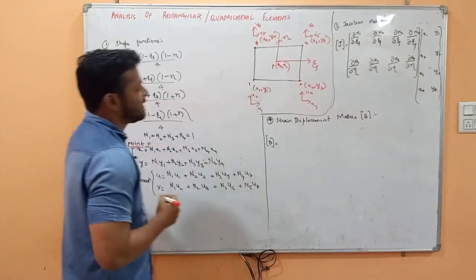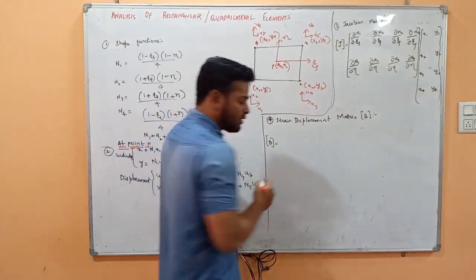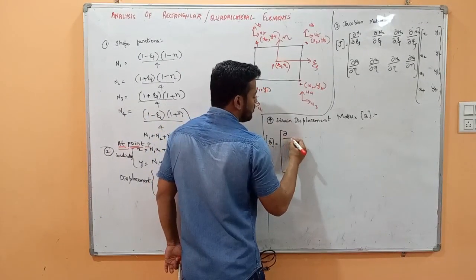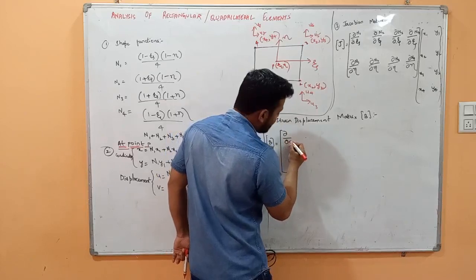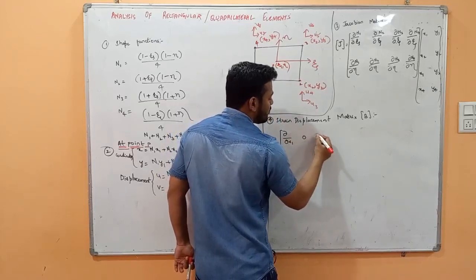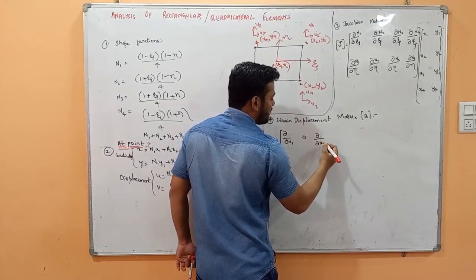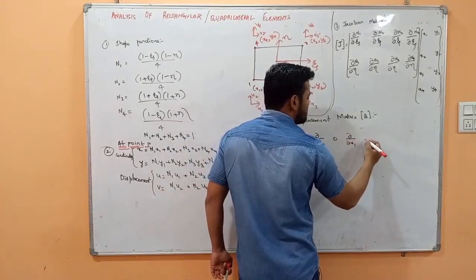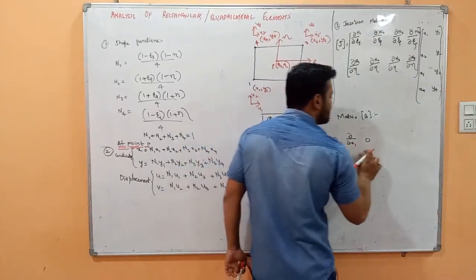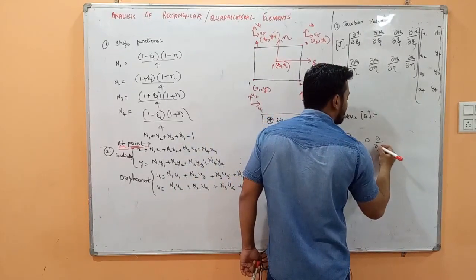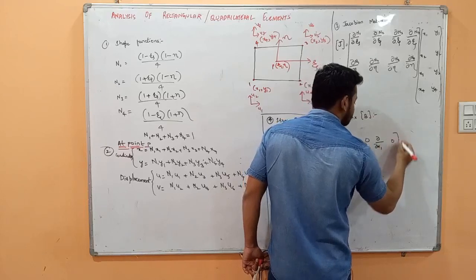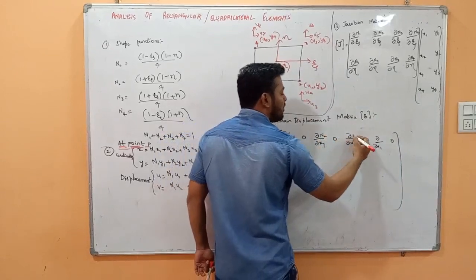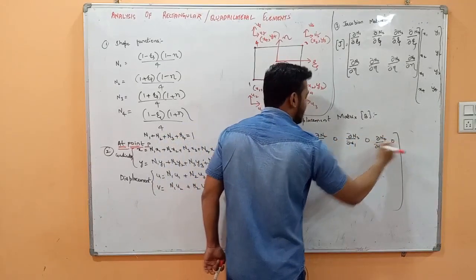So the strain displacement matrix B is given by: in the first row, ∂/∂x1, 0, ∂/∂x1, 0, ∂/∂x1, 0, ∂/∂x1, 0, where you have to write down N1, N2, N3, N4.